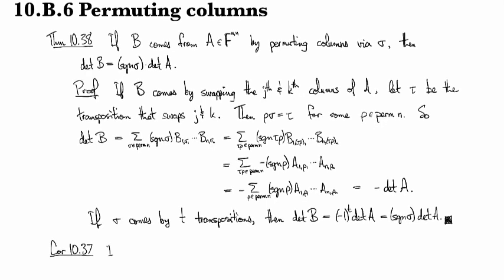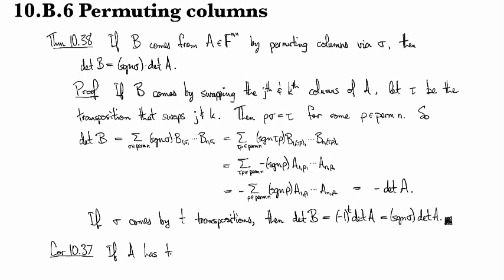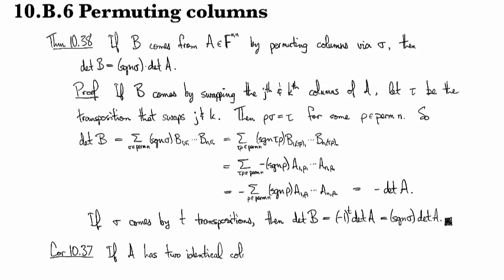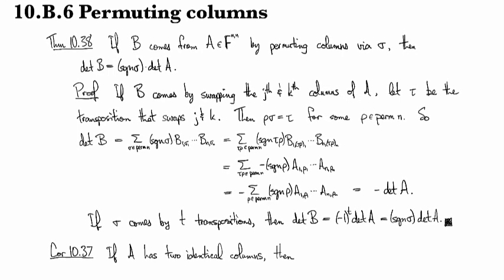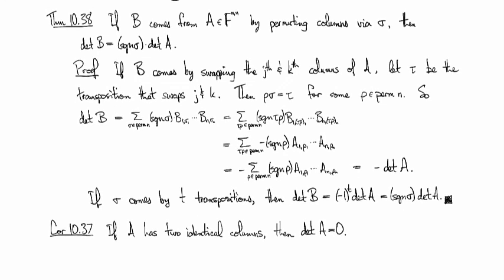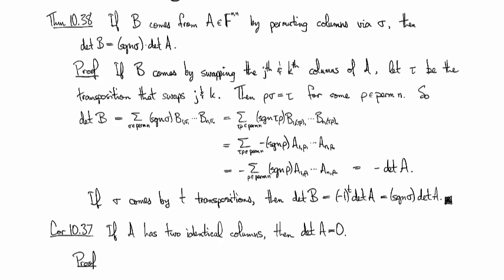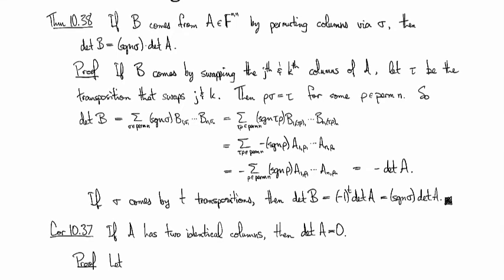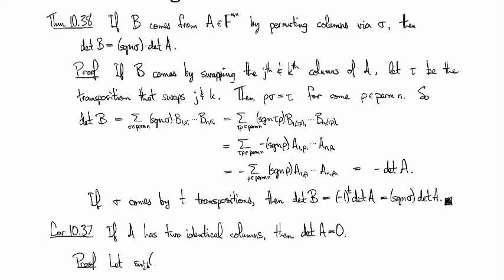And that is that if A has two identical columns, then the determinant of A is equal to 0. So let's see, if we let, I'll come up with some stupid notation, Swap_{jk}(A).